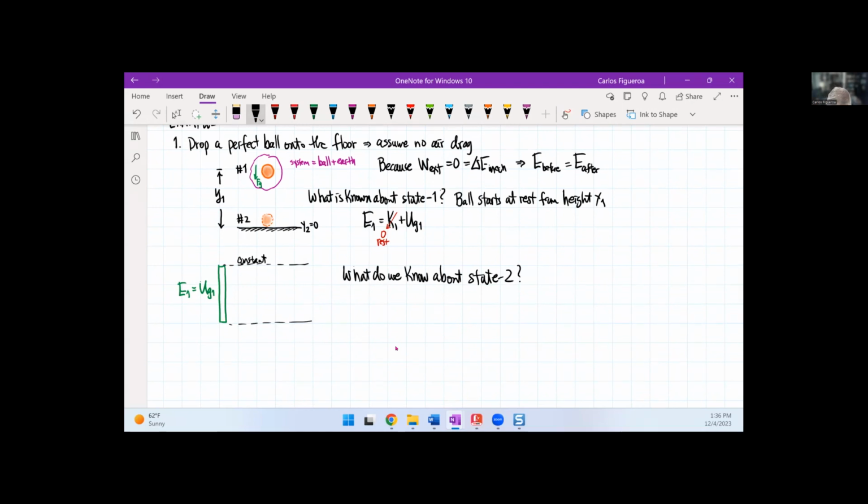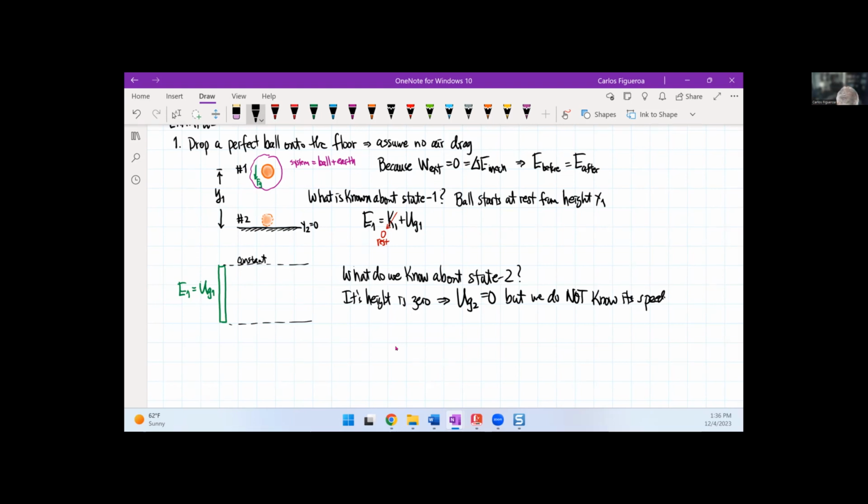Well, its height is 0, which tells me that its gravitational potential energy there is 0, but we do not know its speed.